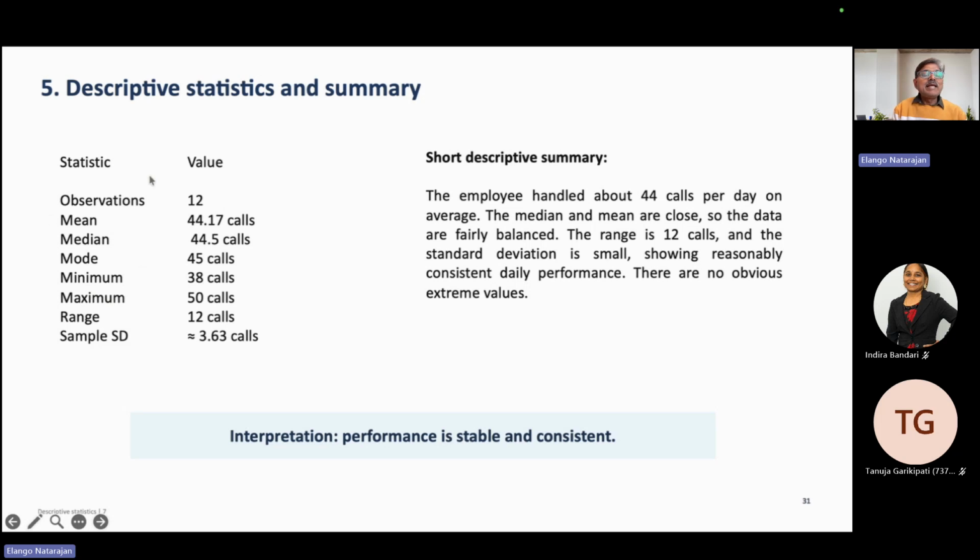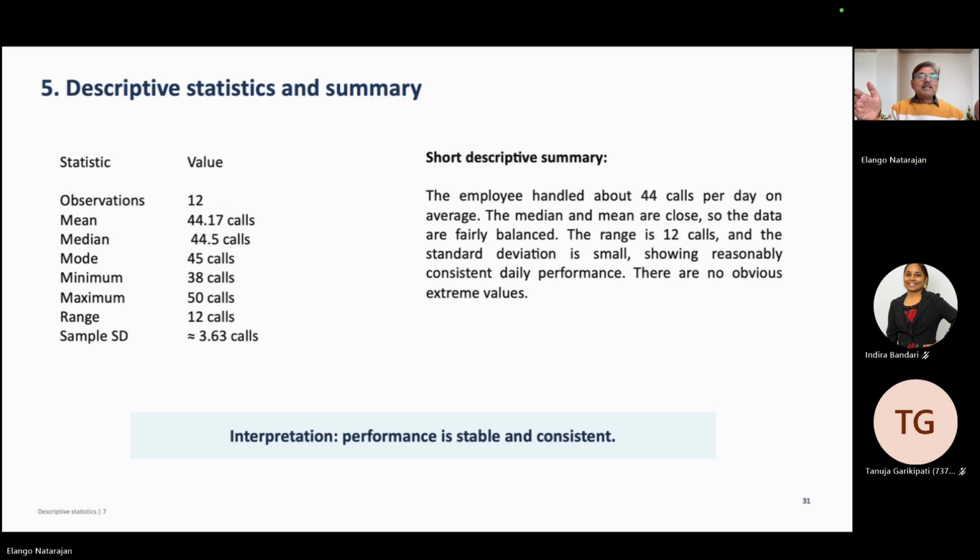Then I can write in my descriptive summary that the employee handled 44.17 calls every day. Every day, on average, he is attending 44.17 calls. And the median and mean are very close to each other. That means the employee has uniform, reliable data.